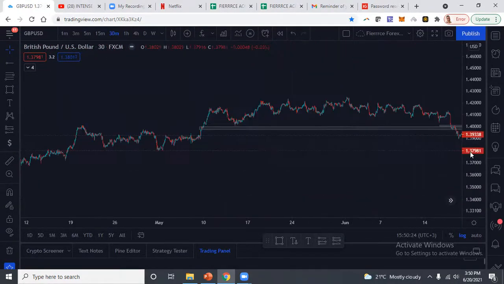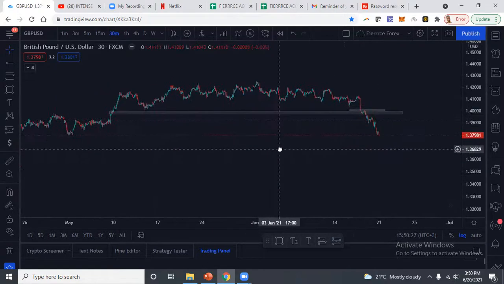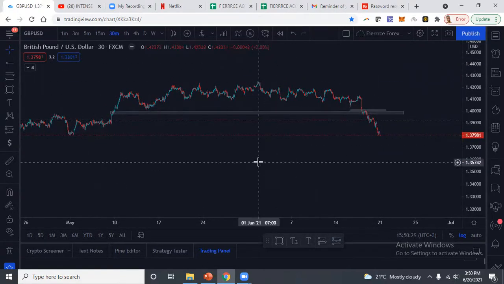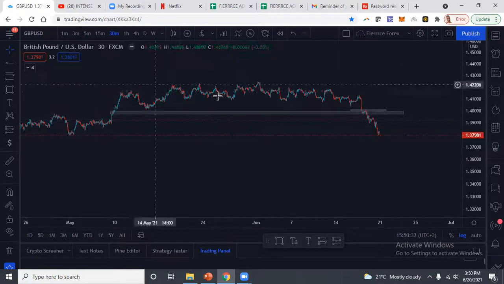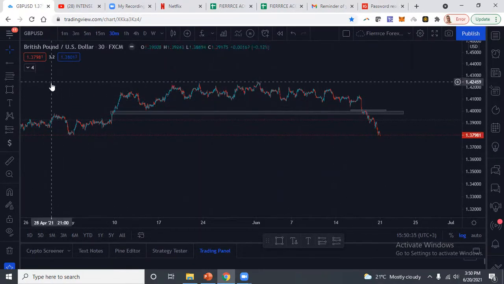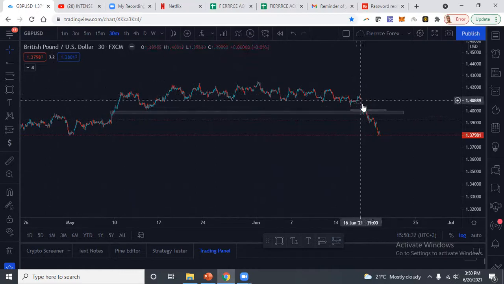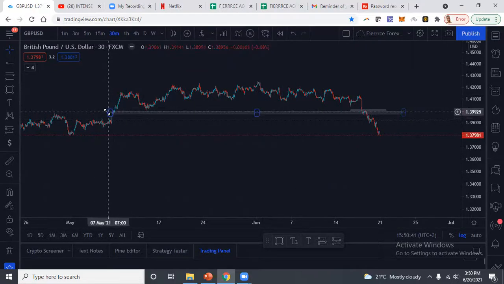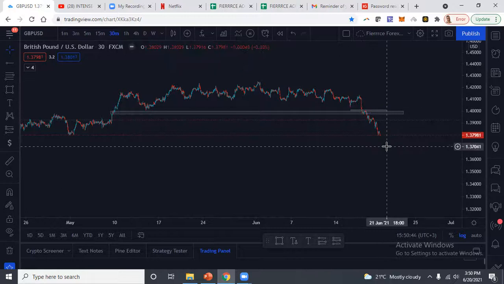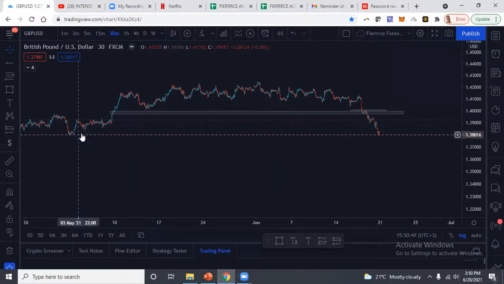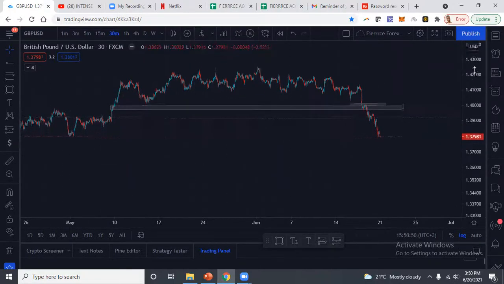But now that we are looking at GBP/USD, for example, we were in a bit of a distribution phase up here. Then finally we broke this previous support resistance level, retested it, and then dropped down completely and broke structure as we were going down.